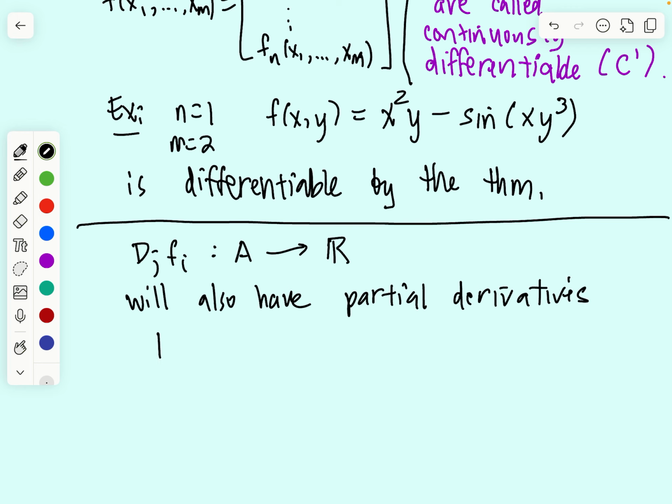So you can have the kth partial derivative of the jth partial derivative of f sub i, for instance. So these are called the second order partial derivatives.